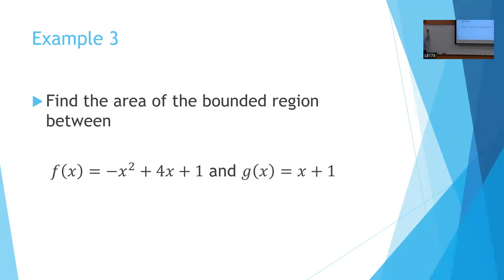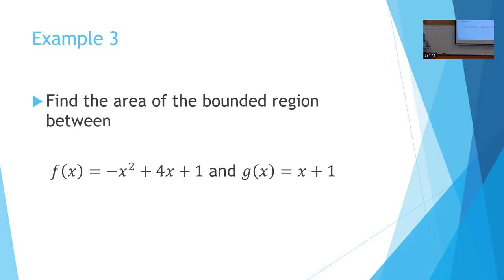Now this one, I put f of x is equal to -x squared plus 4x plus 1, and g of x is equal to x plus 1. Just because we called one of them f and one of them g doesn't necessarily mean that the f is always going to be on top, right?